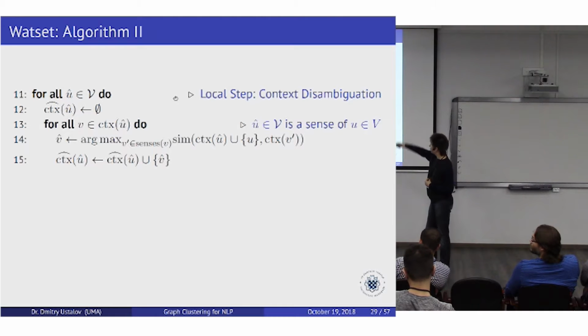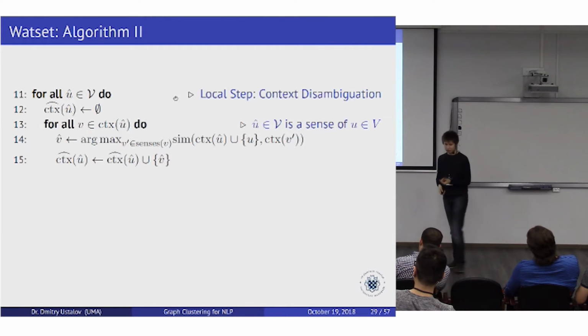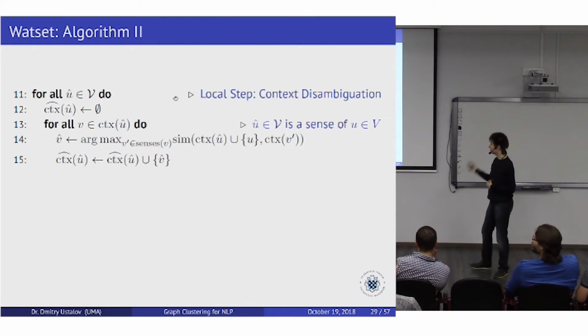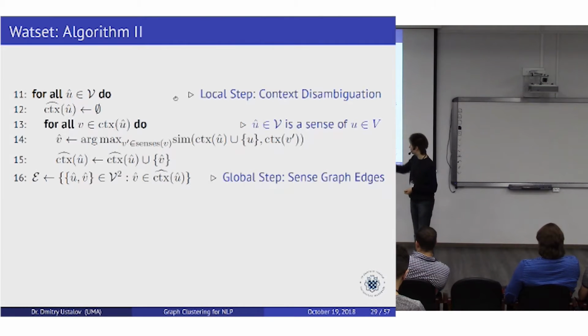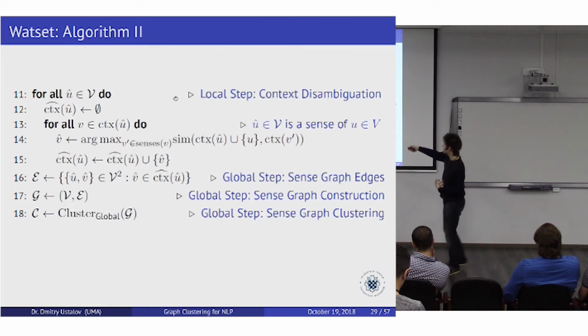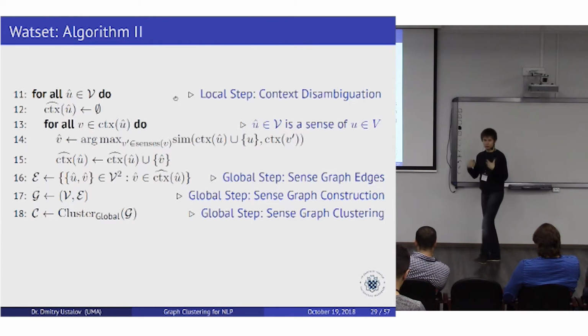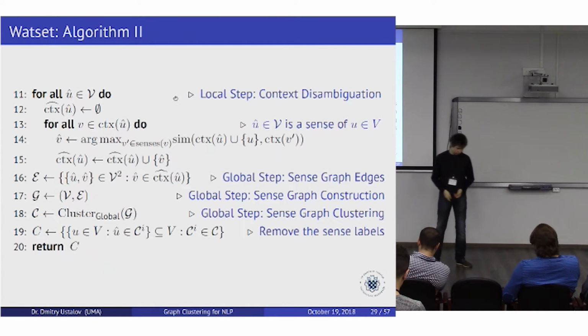It's an important thing because we initially excluded the node from the neighborhood, and from the candidate context. So now instead of just having contexts like bank, riverbank, whatever, you have numbers, you have sense identifiers. And having these sense identifiers obtained, you just construct a set of edges for this sense graph. You construct the graph, you run the global cluster algorithm, you remove the sense labels, and you got the clusters.